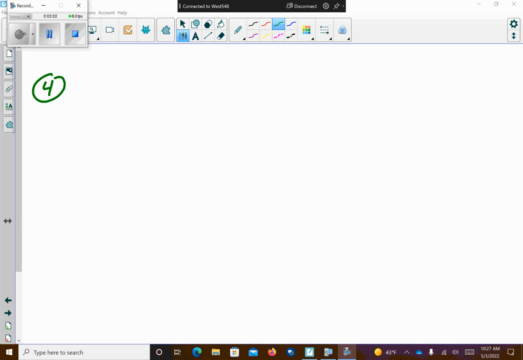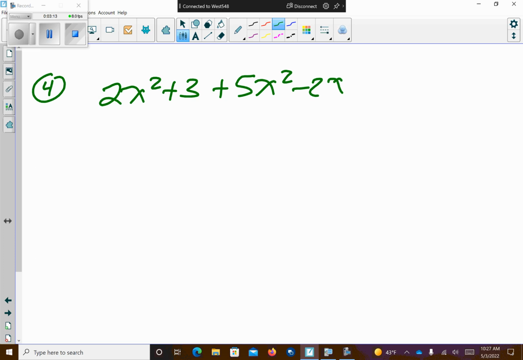All right. So on problem number 4, let's go ahead and just drop the parentheses. None of the signs change at all. Notice I rewrote it. I did not change any of the signs. They were addition between parentheses.